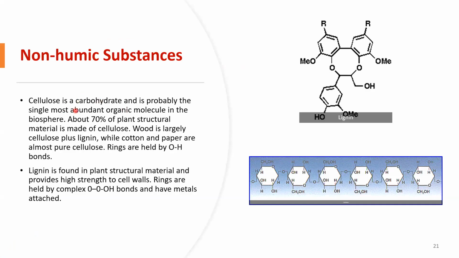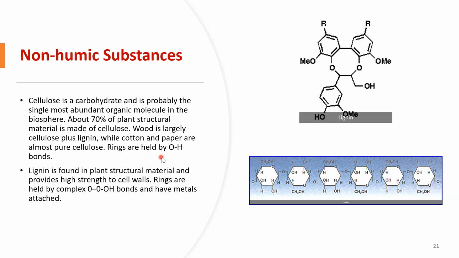Cellulose is a carbohydrate. It is, of course, non-humic, and is probably the single most abundant organic molecule in the biosphere. About 70% of plant structural material is made of cellulose. Wood is largely cellulose plus lignin, while cotton and paper are almost pure cellulose.